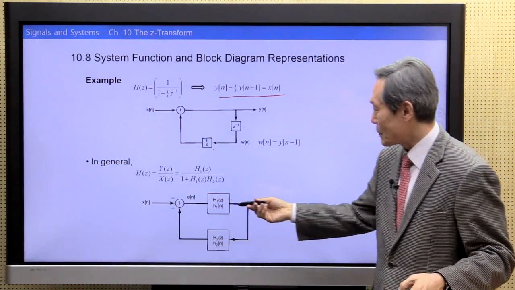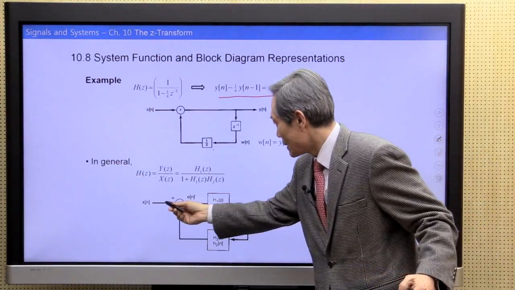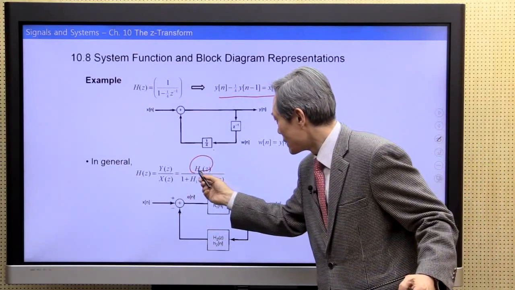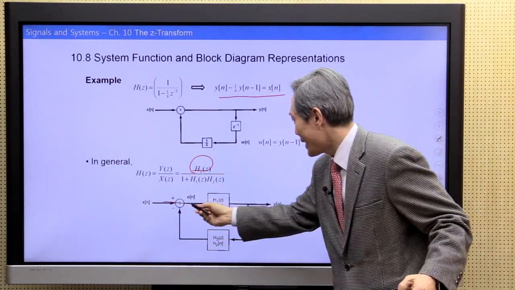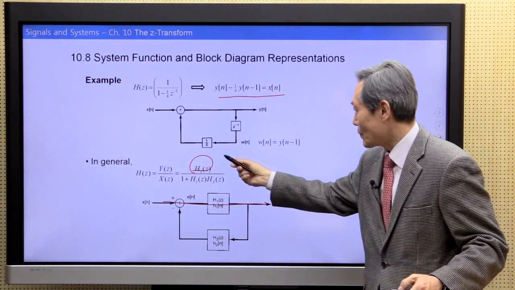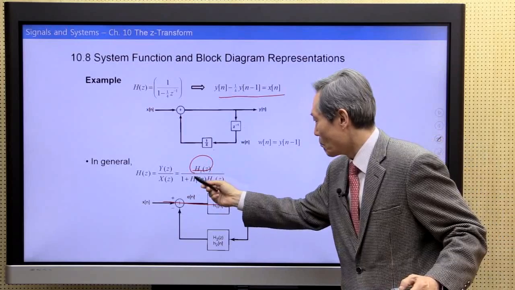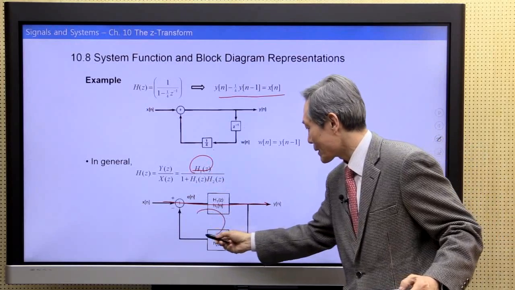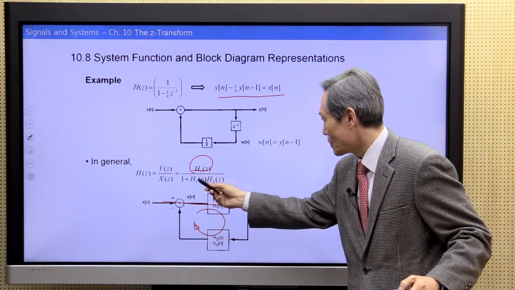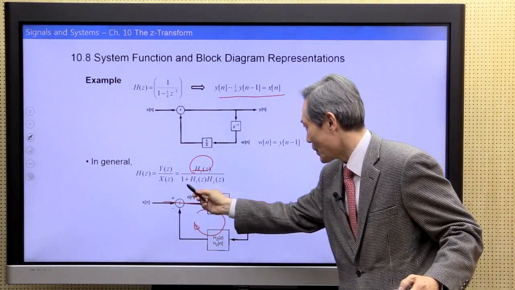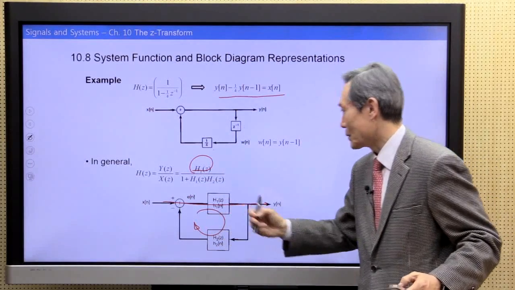Say, roughly speaking, path product goes up, 1 minus loop product. So 1 minus minus, so plus H1, H2.